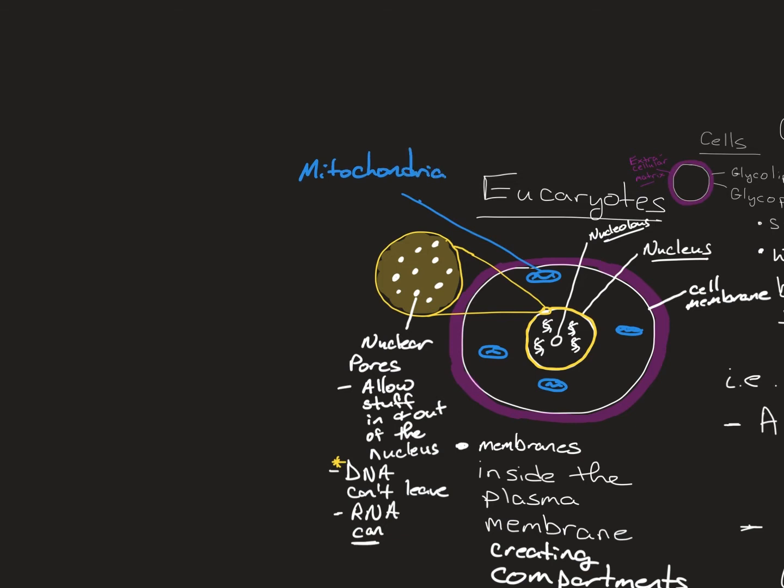Mitochondria have double membranes, mitochondria process energy, they make ATP. We'll talk about what ATP is later. So you should know that's why they call it the powerhouse of the cell.